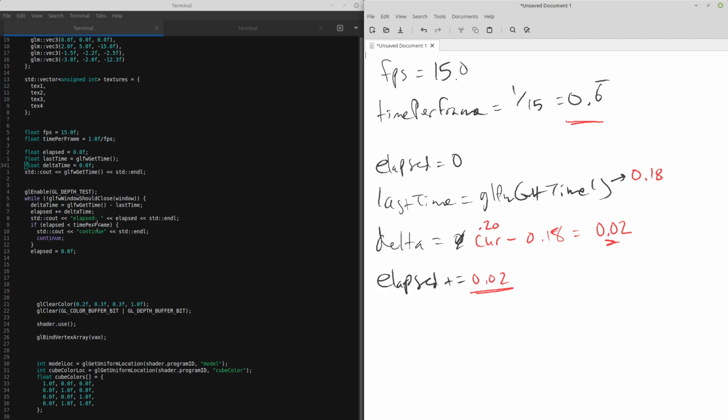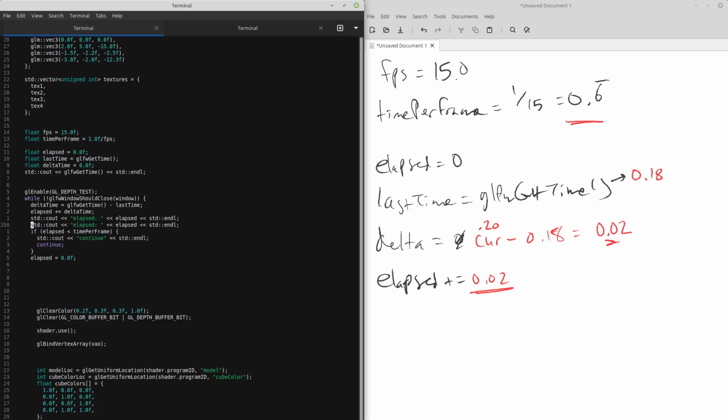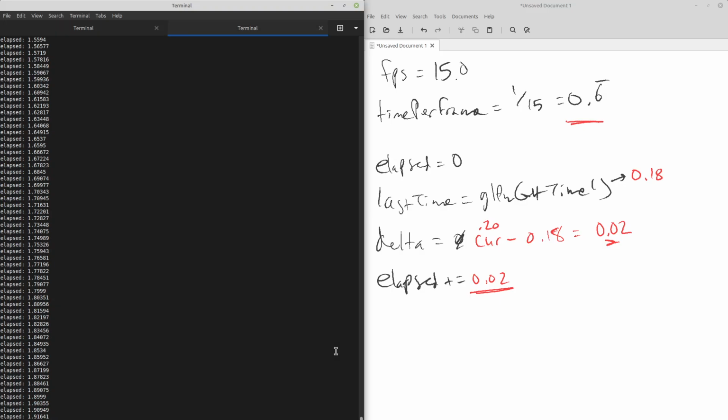But this continue statement never gets hit. That's what I don't really understand. We don't seem to ever print continue. Okay, we do eventually. We do up here.